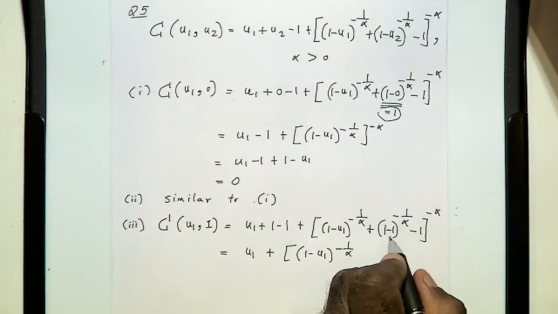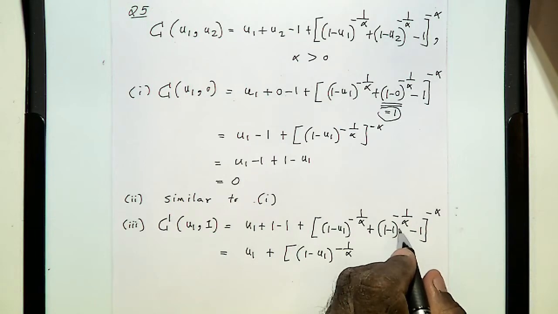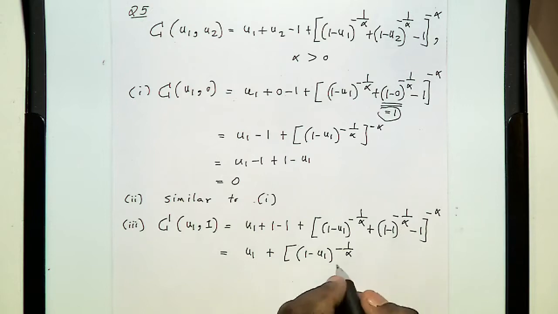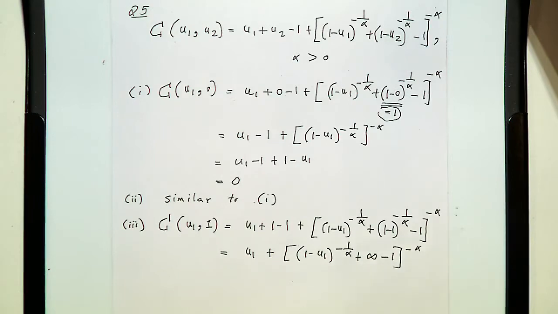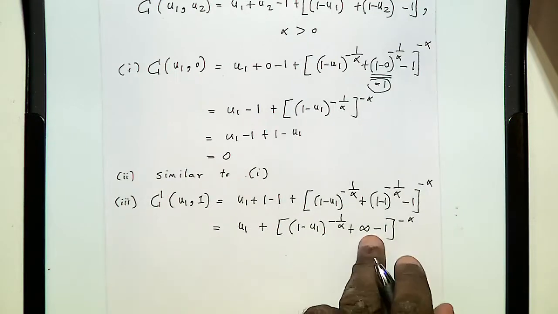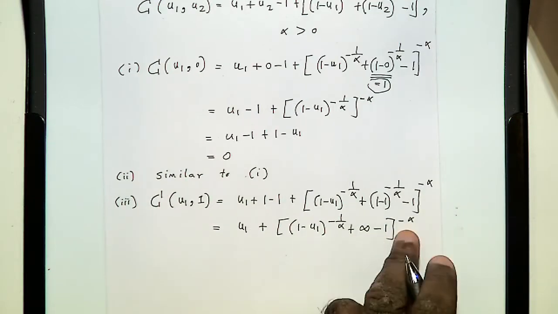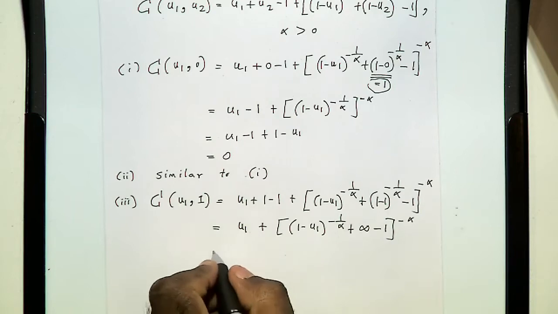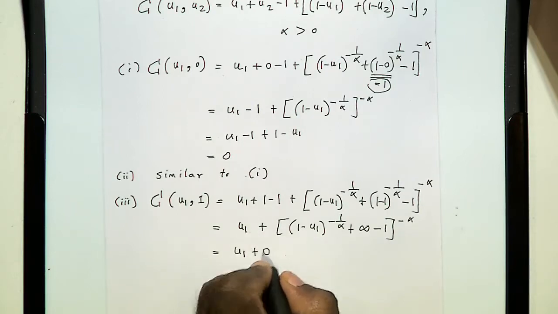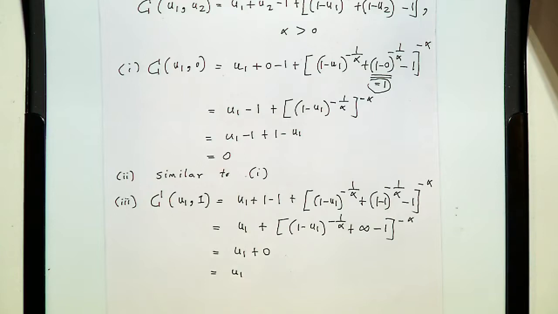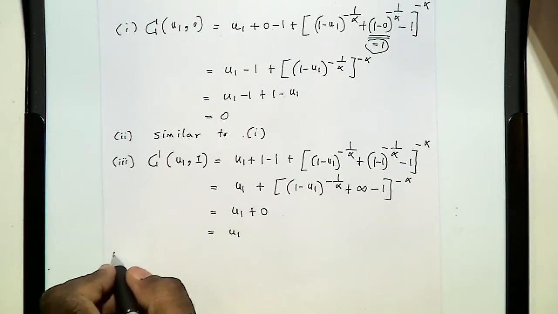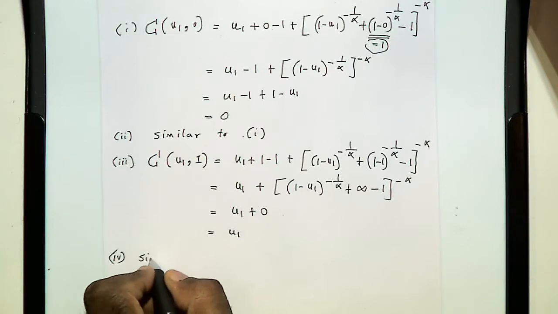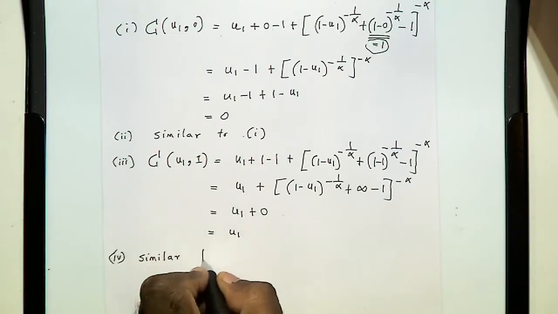This is 0, 1 minus 1 is 0. 0 to the power of a negative number is infinity, right? So this is going to be infinity minus 1 to the power minus alpha. So this whole thing is infinity. Infinity to a negative number is 0. So this is U1 plus 0, so this is U1. All right guys, so that's part 3. Part 4 is similar to part 3.